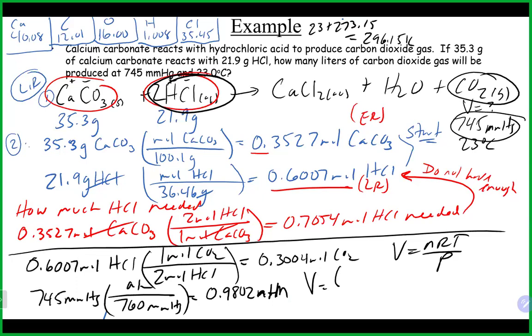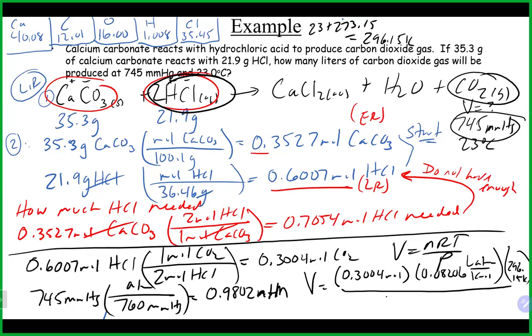Our volume is going to equal our moles, which was 0.3004, our gas constant, our temperature, 296.15 Kelvin, divided by our pressure, 0.9802 atmospheres. Again, everything's going to cancel out except for our volume here.